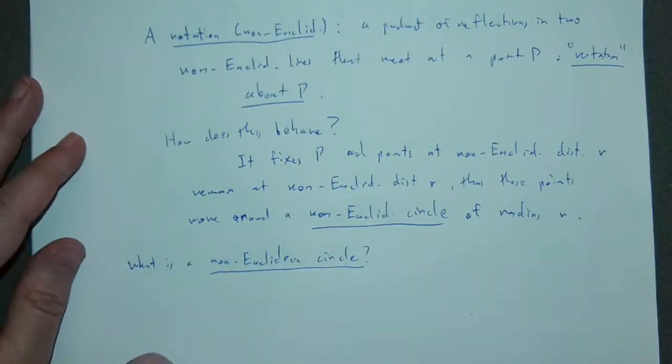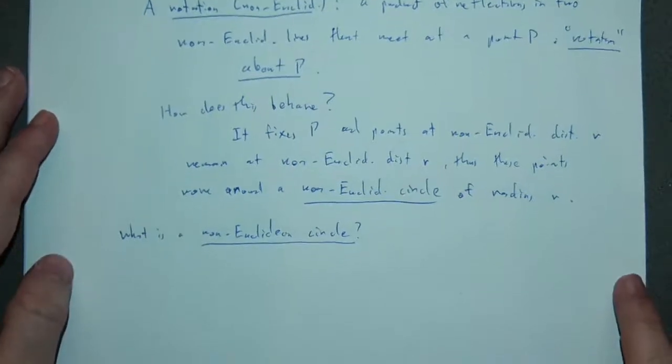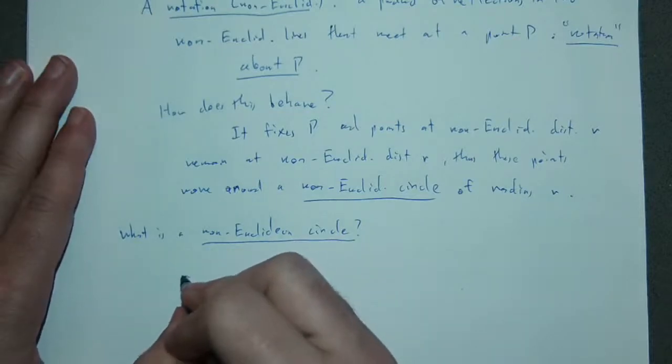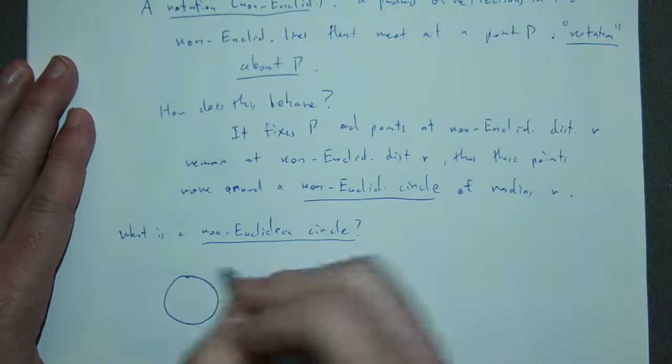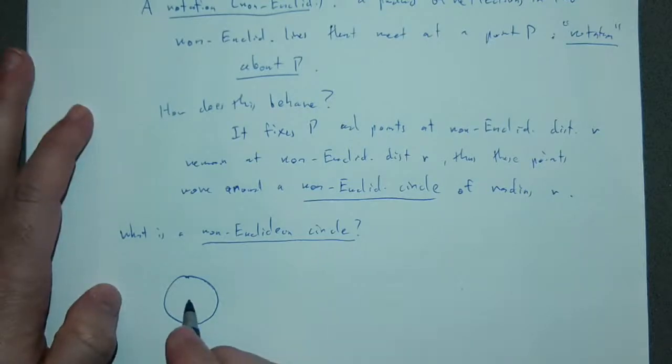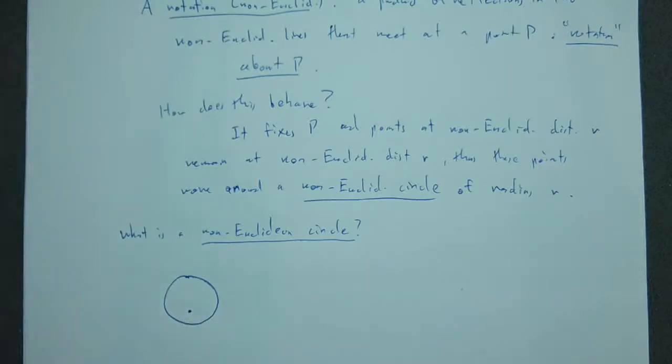Well, if I have my upper half plane, so pretend the paper's upper half plane. Lines are not the same as Euclidean lines, but a non-Euclidean circle looks like a Euclidean circle. But a Euclidean circle has its center right here. A non-Euclidean circle has its center like here.